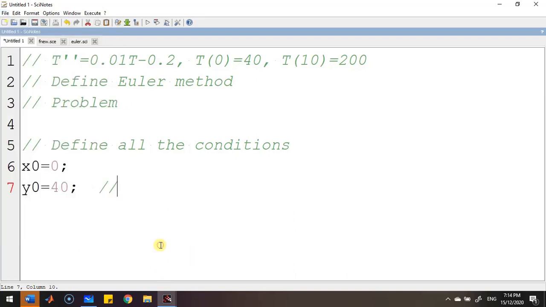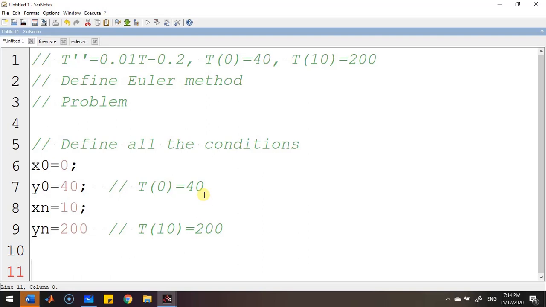I'll just write it in case you're getting confused. t0 equals 40 as given in the note just now. And then we have our xn. xn is 10. What is yn, or y 200? This is my t at 10. The boundary condition is given as 200.